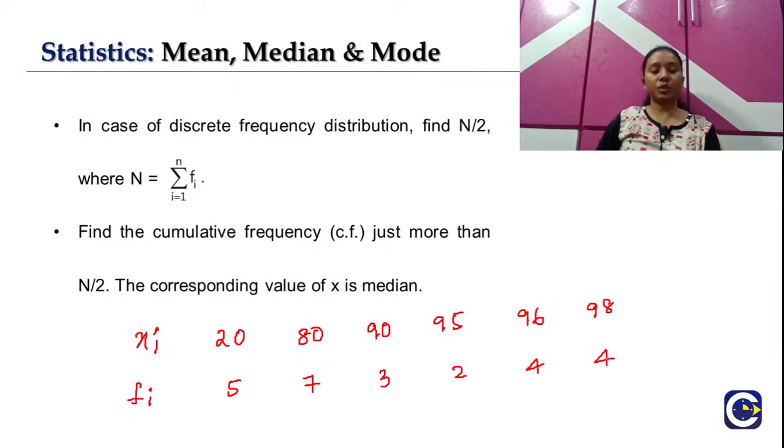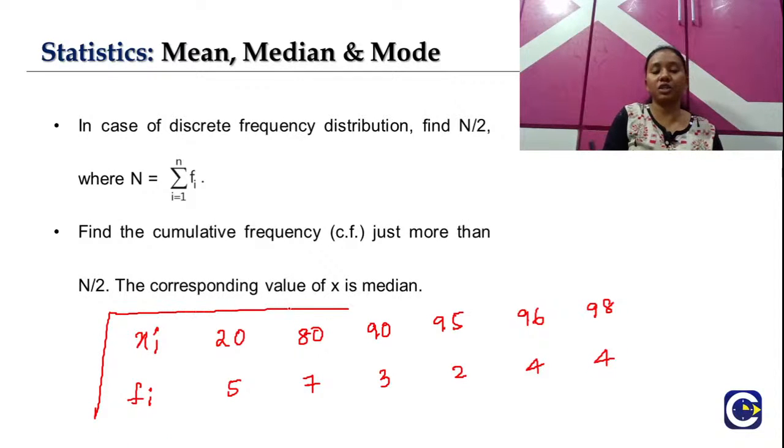So this is the frequency as well as the Xi, which means this is a case of discrete frequency distribution. So can you guys quickly find the median of this given data?